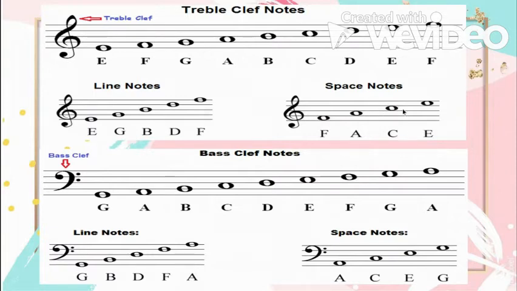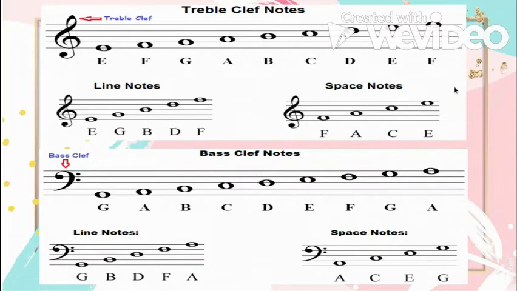For the G clef, we have FACE, right? Or F-A-C-E. But for the space notes in the bass clef or F clef, we have A, C, E, G. If you're confused, you need to read the SOFA syllabus so that you will be able to know what notes are found in the lines and spaces for the F clef.